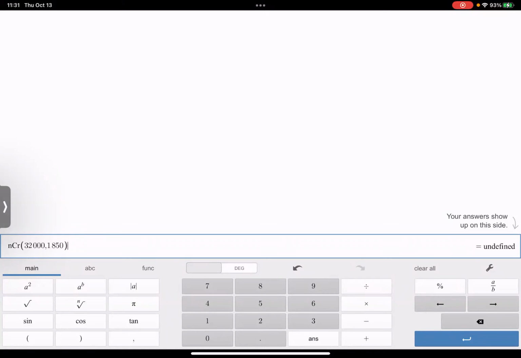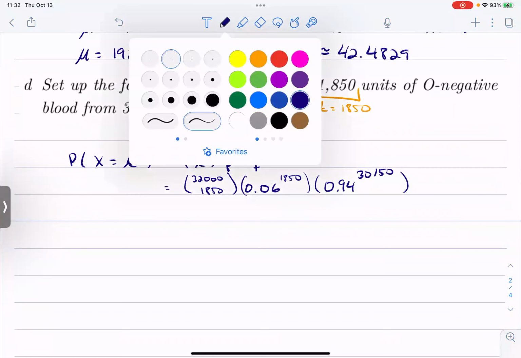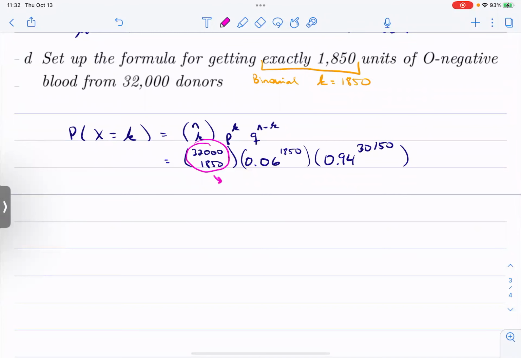We're asking it to make a tree with 32,000 layers and then figure out how many ways there can be exactly 1,850 successes. It's a lot. So it doesn't want to do that, and that's okay. I know, they're like, not today. Use the normal approximation, thanks. Which is what we're going to do. So this most calculators.